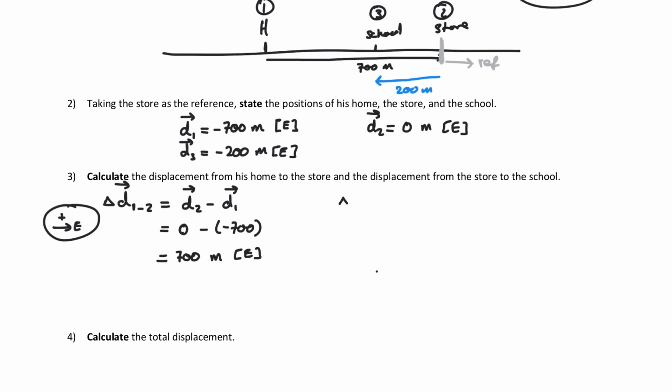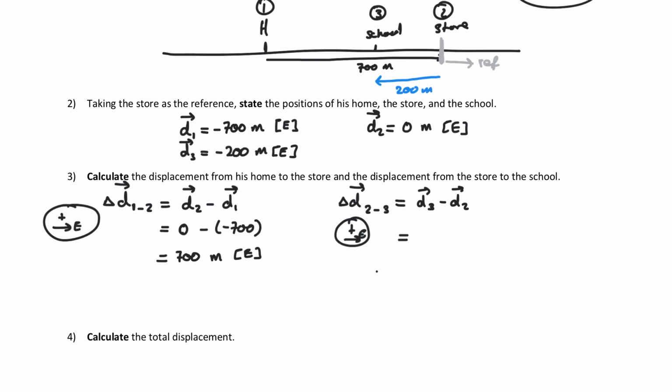And now displacement from store to the school. Store is 2, school is 3. So that's going to equal the second one minus the first one. And I'm going to take positive east.